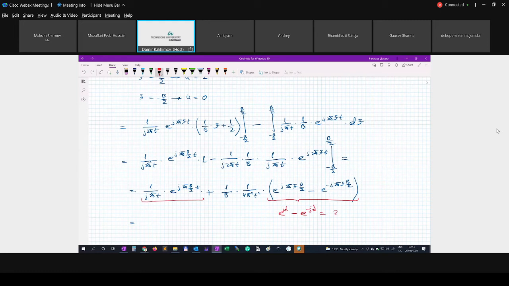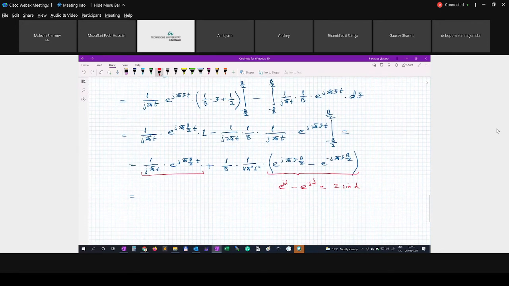It will be 2 times sine alpha. And as a result, we can rewrite it and we get the following. We also actually open exponential function. Exponential function we open as cosine plus j sine alpha.